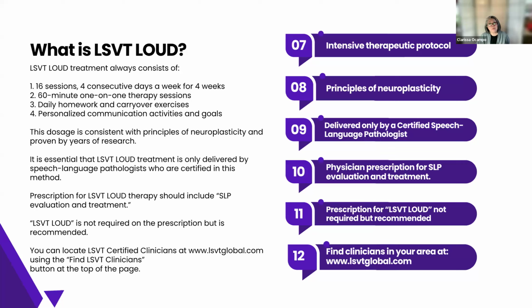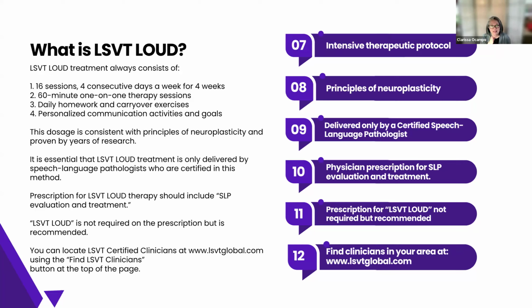It is a program. There are 16 sessions of 1 hour, one-to-one therapy sessions. It's 4 consecutive days a week for 4 weeks. And there's a reason for that intensity. Remember, we're targeting the neuroplasticity of the brain, and we need that high repetition, high intensity, and high occurrence of the exercise for it to be beneficial.